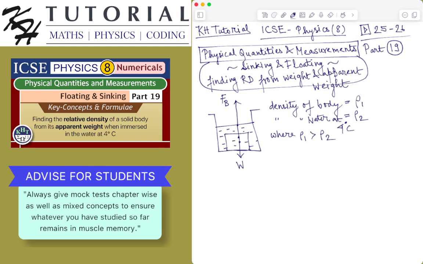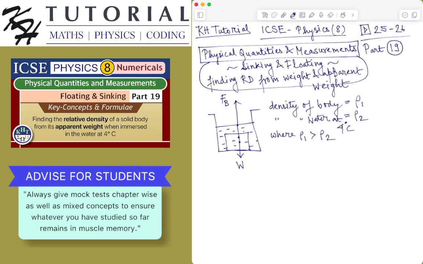But still, due to buoyancy and Archimedes Principle, we know that the weight of the body is acting vertically downwards, and the buoyant force or the upthrust is acting vertically upwards on the body. In the problem, the weight of the body, W, will be given, and the apparent weight or the buoyant force will be given.